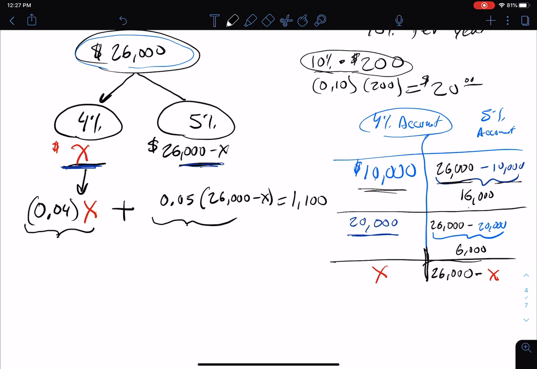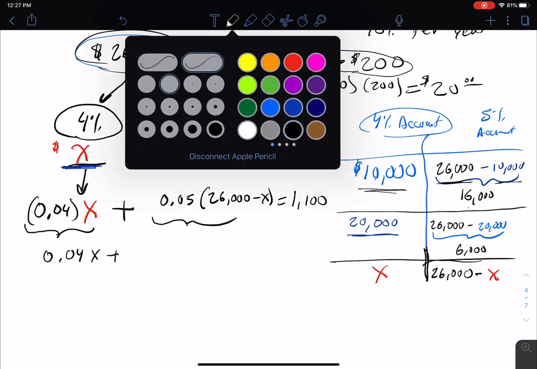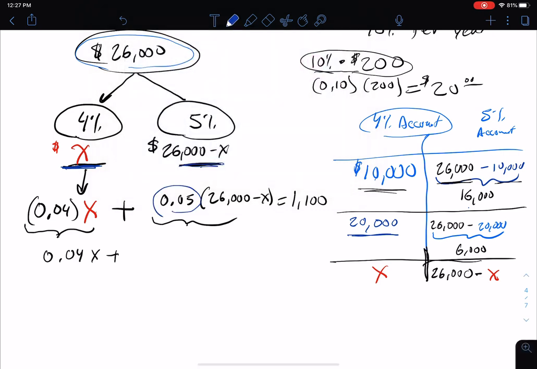So this is our full equation. Let me simplify this. 0.04 times x plus, now in this one, we're going to have to distribute 0.05 of 26,000. So if we say 0.05 times 26,000, what do we get? We get 1,300, rather.